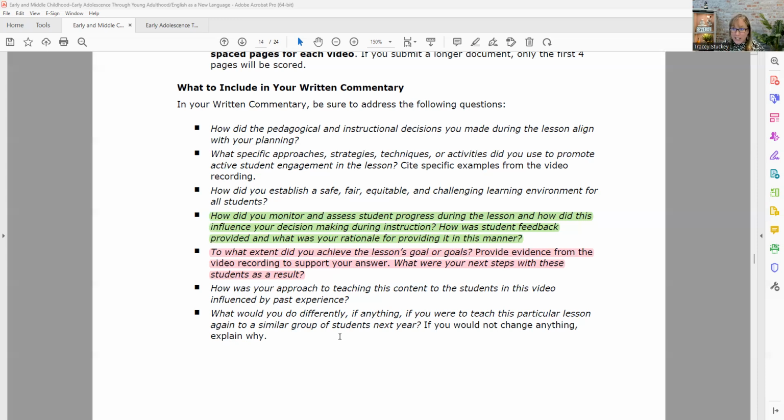That's one of those chicken winner dinners, right? That's what we want. We want as much evidence to a claim as you can give us. So providing evidence, though, of the extent of students achieving your lesson goal or goals is mandatory. You have to do that.